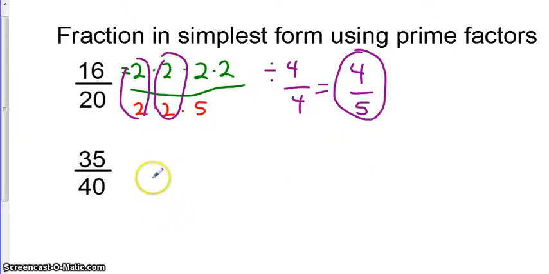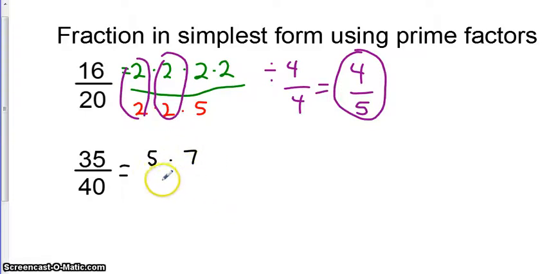Now we can take a look at the next one, 35/40ths. 35/40ths might not take as long, it may be a little simpler, but again you might know what a common one is in there. For example, 35 can be separated into prime factors as 5 times 7.